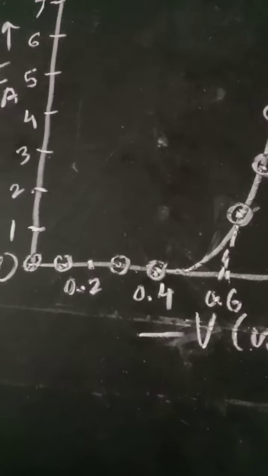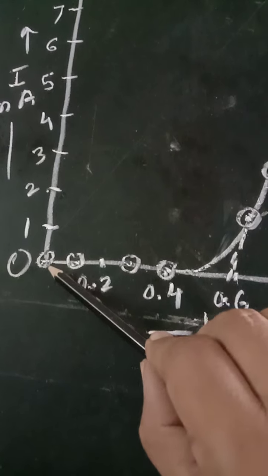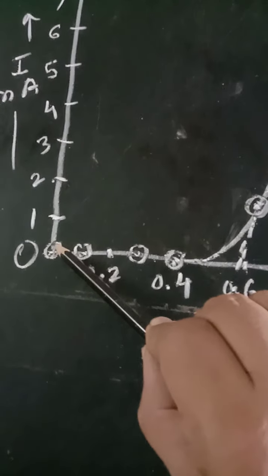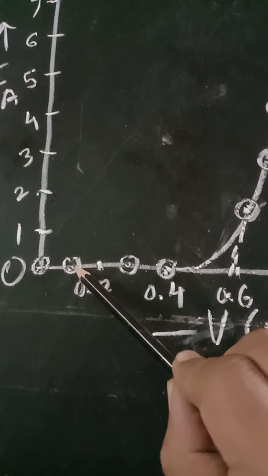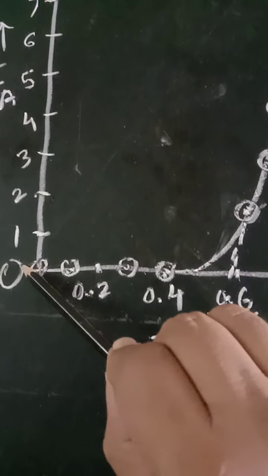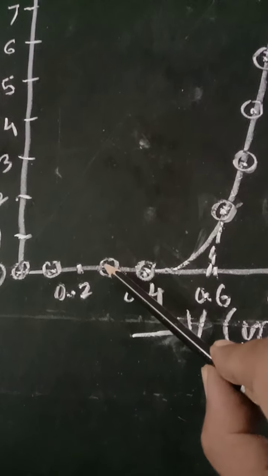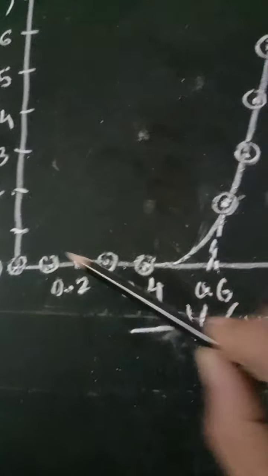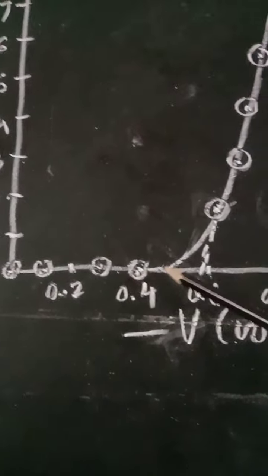With the help of this scale and the observation table, first of all we will have to plot these points. The first point represents 0 voltage, 0 current, therefore it will be at the origin. Next, if it is 0.1 volt, then still the current will be 0. If it is 0.3 volt, then the current will again be 0. If it is 0.4 volt, then again the current will be 0.